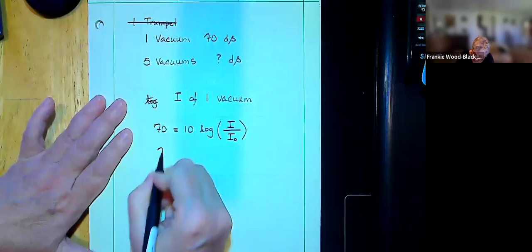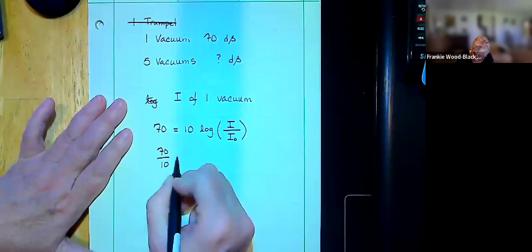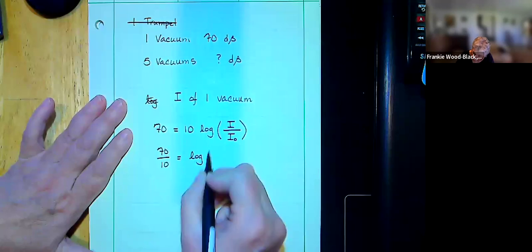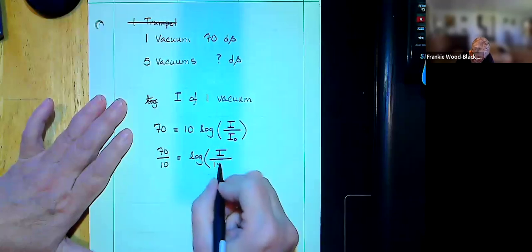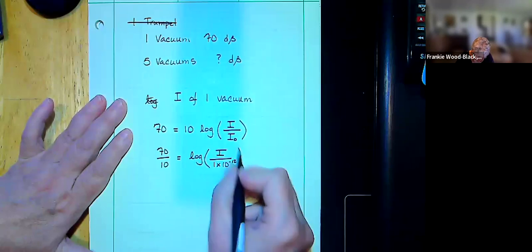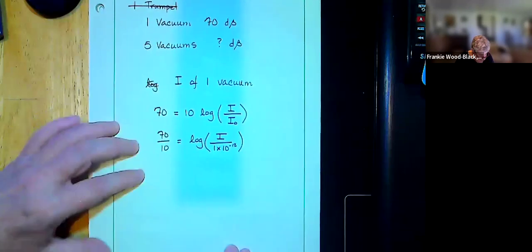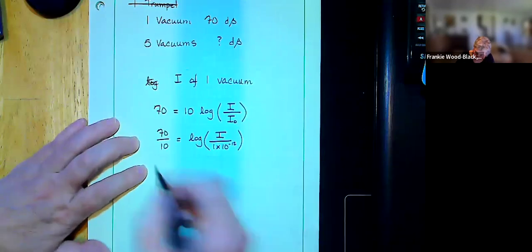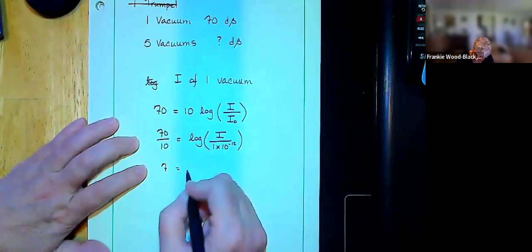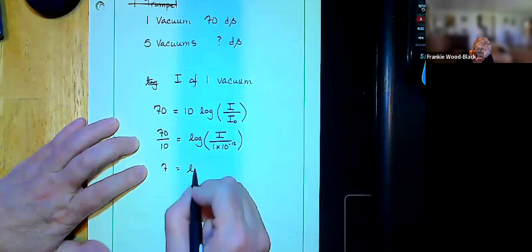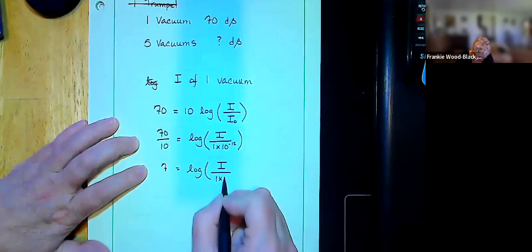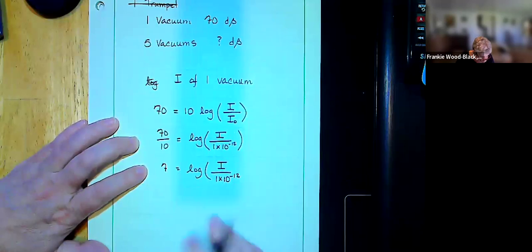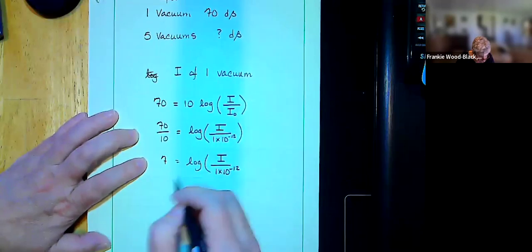So 70 divided by 10 is going to equal the log of what we're looking for divided by 1 times 10 to the minus 12. Okay, so now I get 7 equals log of I over 1 times 10 to the minus 12.